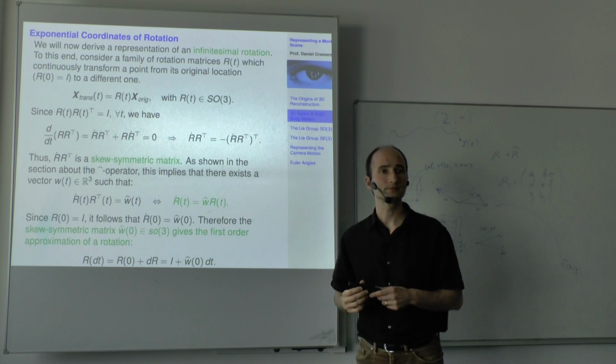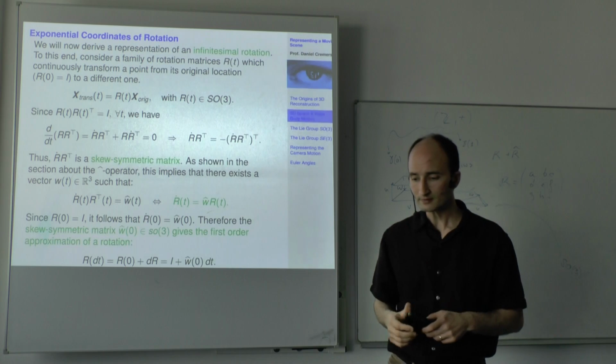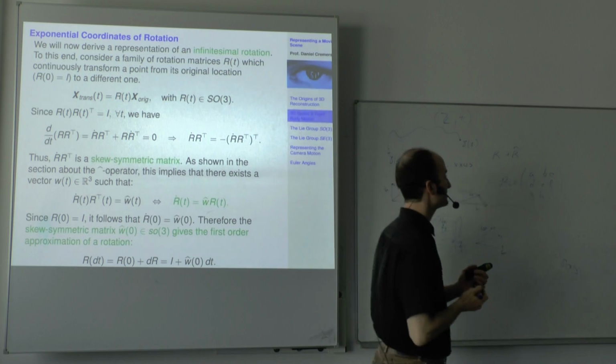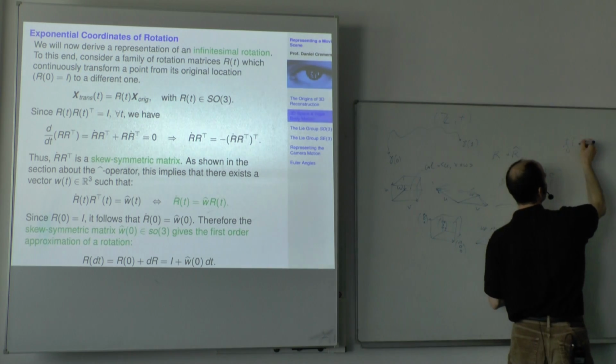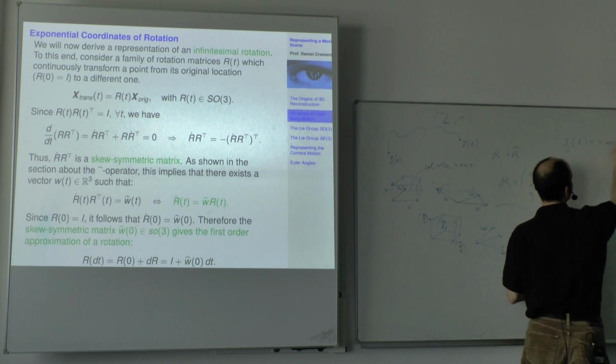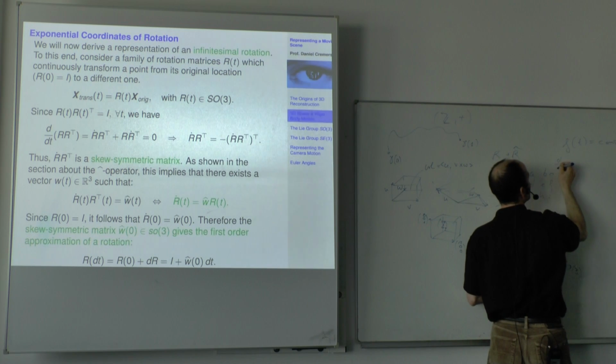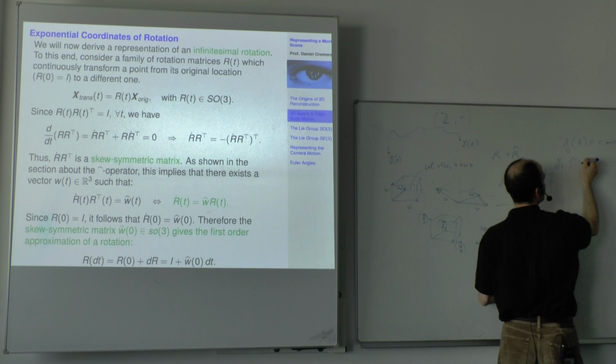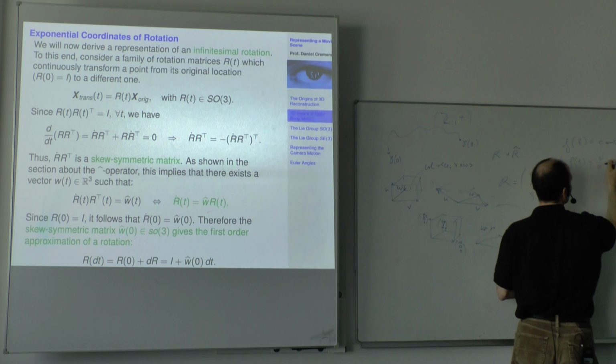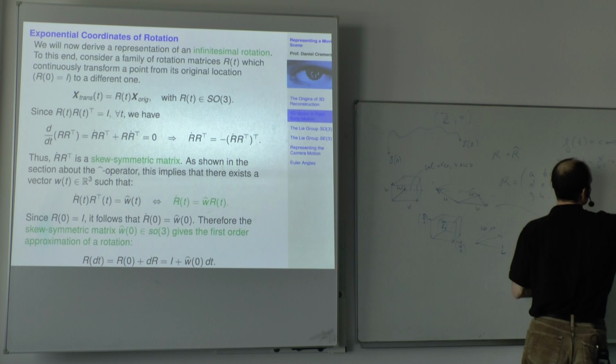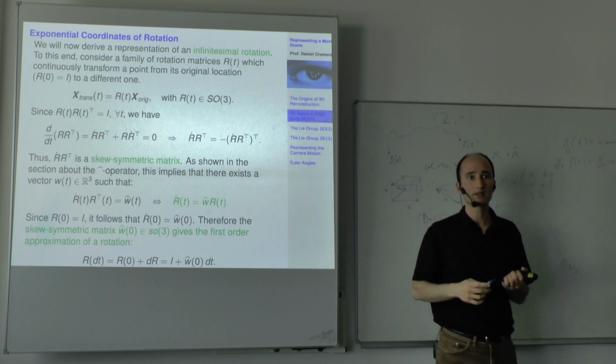Why do we get 0 when we take the derivative? This is a fact from analysis. If you have a function f of t that is constant, and then you do d by dt of this expression f of t, it is d by dt of a constant, and the derivative of a constant is 0.